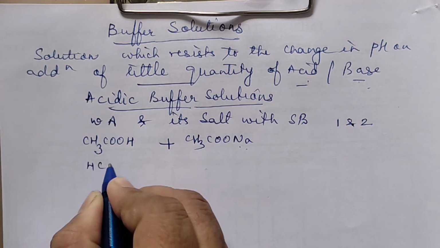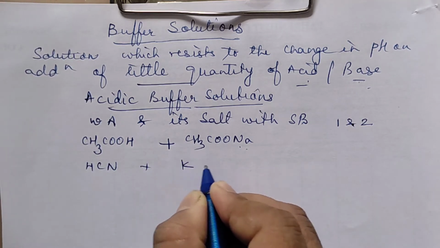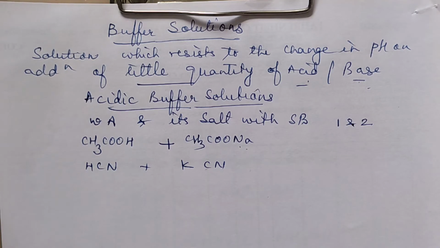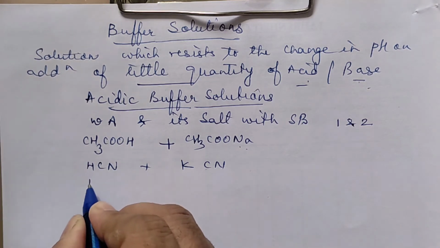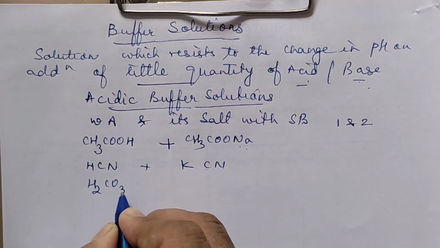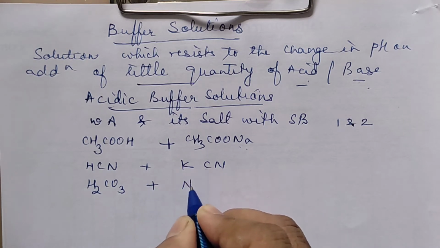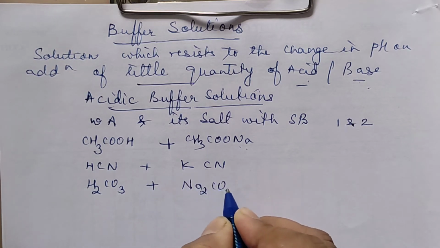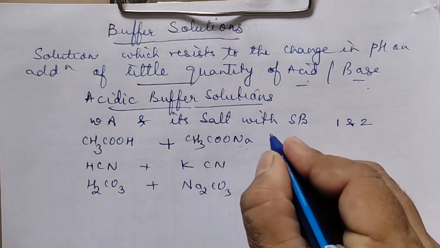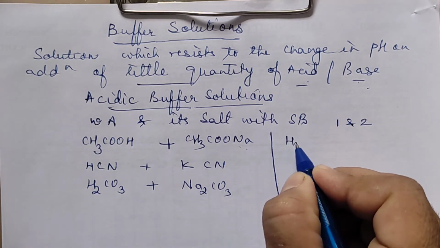Another example you can have is, say, HCN and KCN. HCN is a weak acid. You can have carbonic acid, which is also a weak acid, and its combination with a strong base. We can have other examples like H2S.